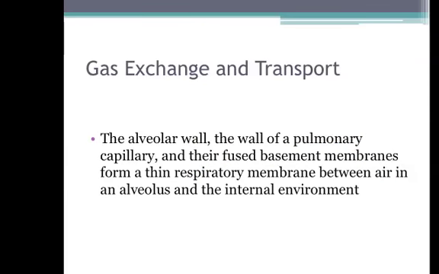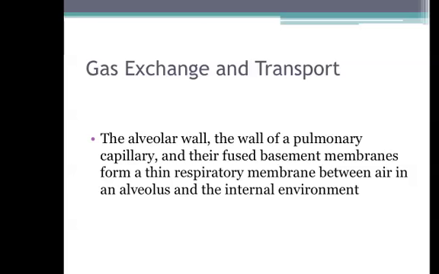So the alveoli are very, very thin, one cell thick. Just like when we talked about the capillary system, when we talked about the circulation, the capillaries are very, very thin because that's where the gas exchange occurs.